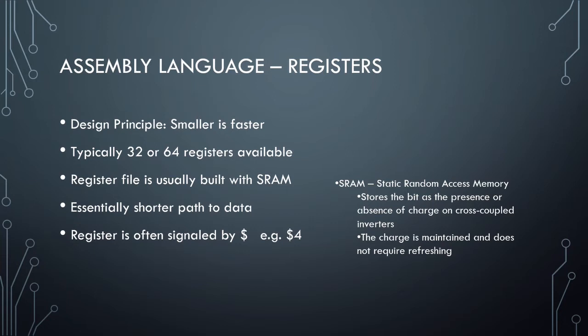So what we'll find when we're programming in assembly language is that registers are often signaled by putting a $ sign in front of the register number. So this example I have here, it looks like $4, but it is actually signaling register 4. So in some assembly languages that you come across, and it varies a little bit.